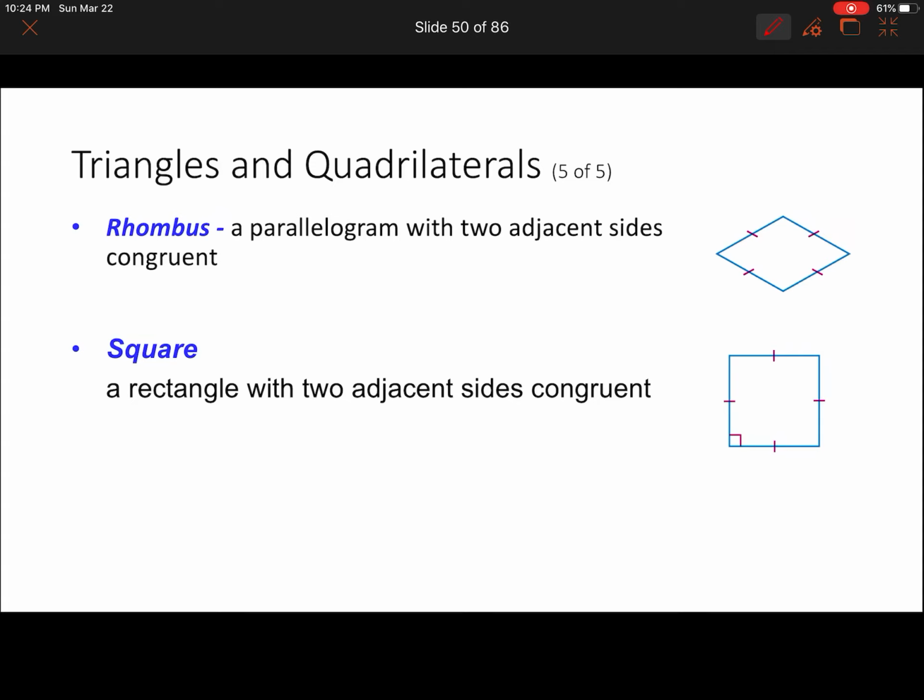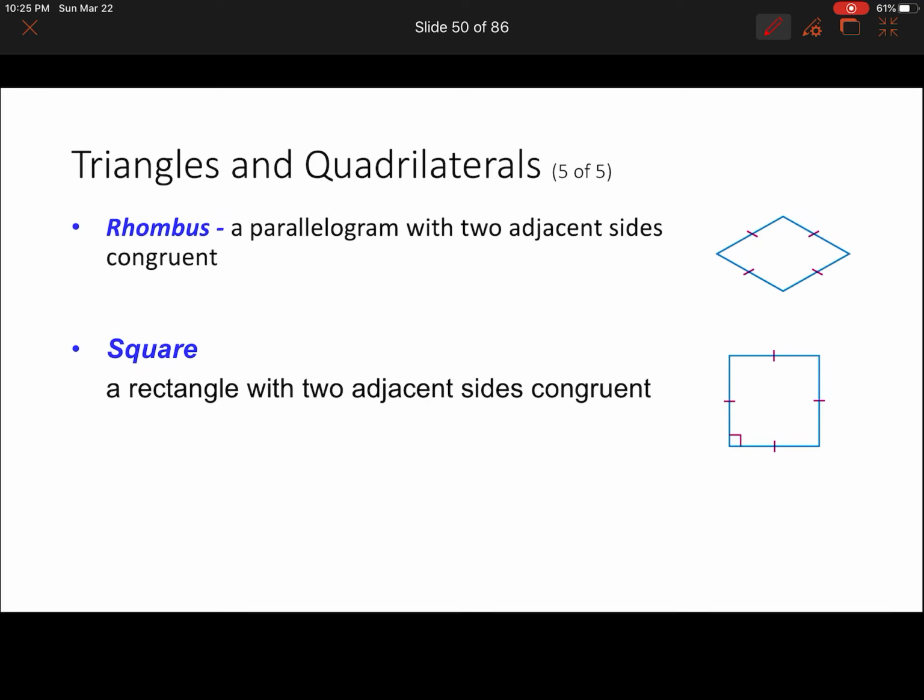And then we also know about these two probably. A rhombus, which we mentioned a little while ago, is a parallelogram with two adjacent sides that are congruent. So again, based on that definition, it doesn't really give us the full picture, especially from an elementary level.